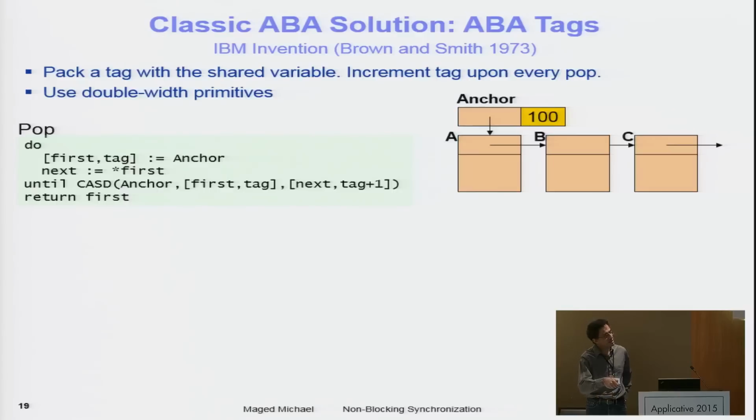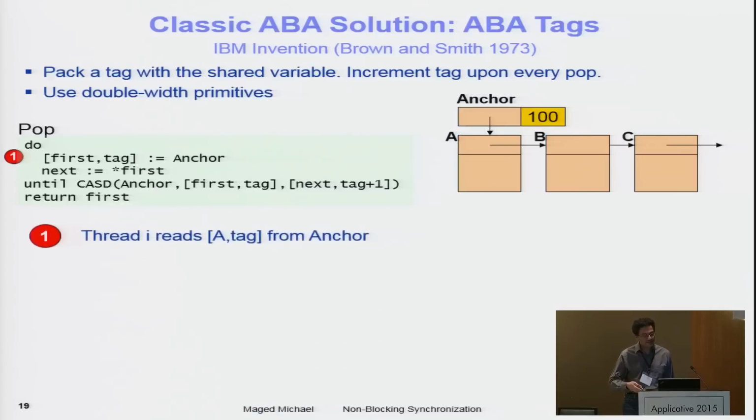But then using compare-and-swap on a double word, you can prevent this problem. So basically, the anchor would have a pointer value, and contiguous to it in an aligned block, you have an integer value. It's basically a counter of how many pops happened in this structure.